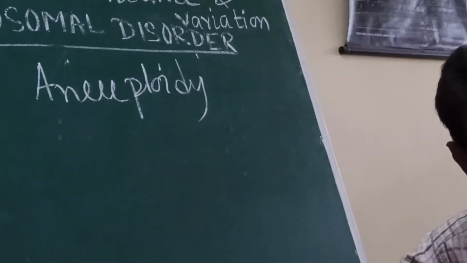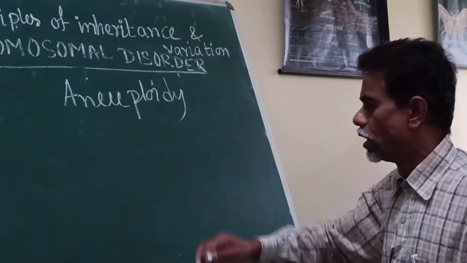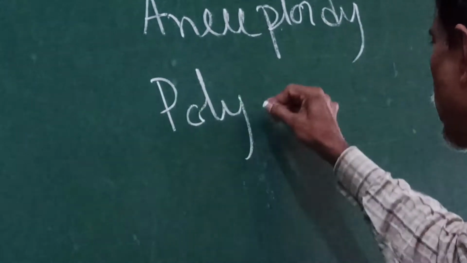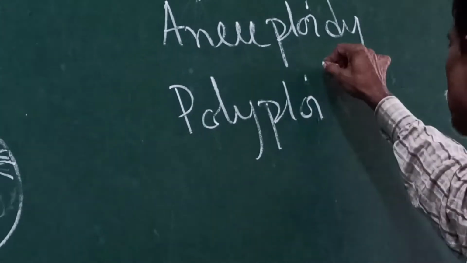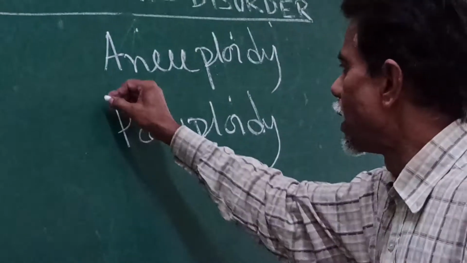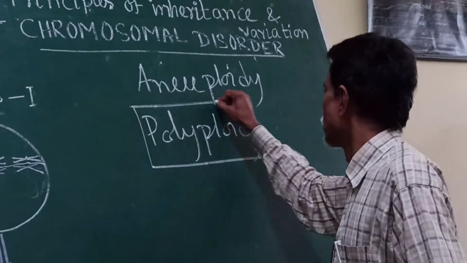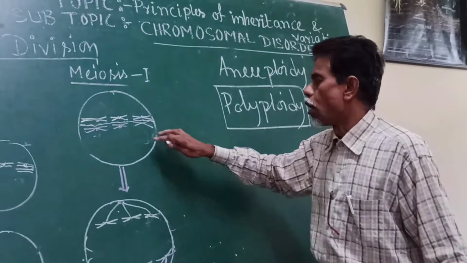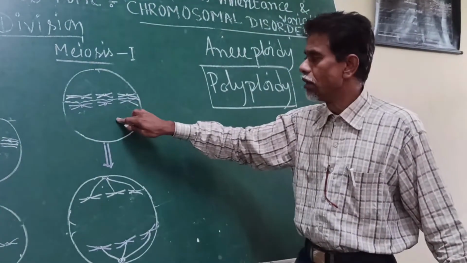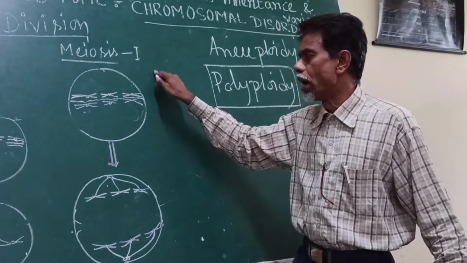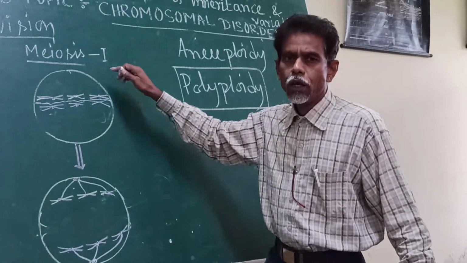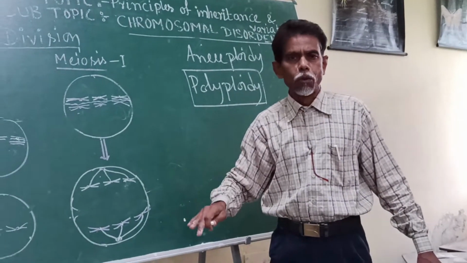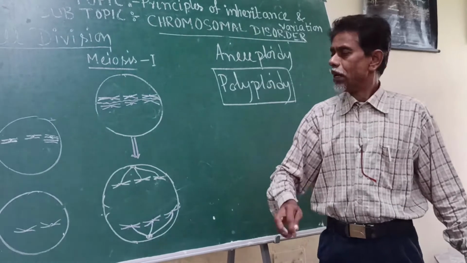Another type of chromosomal aberration or chromosomal disorder is what we call polyploidy. What happens during polyploidy? If you recapitulate meiosis cell division, during prophase 1 of meiosis 1, we have leptotene, zygotene, pachytene, diplotene, diakinesis stage.